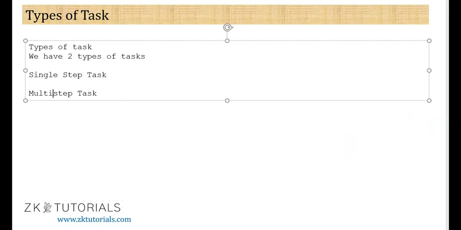A single step task can be part of a workflow as a step of that type of activity. So this is basically nothing but a task. For example, updating data in a database table using a function module, calling a method, calling a BAPI method, or maybe sending a mail. These are small individual tasks.